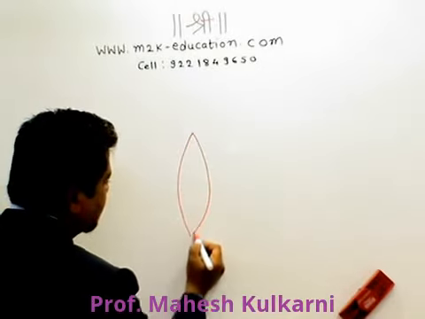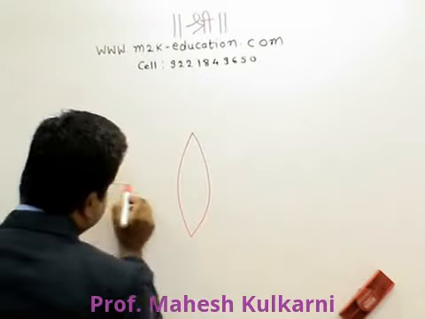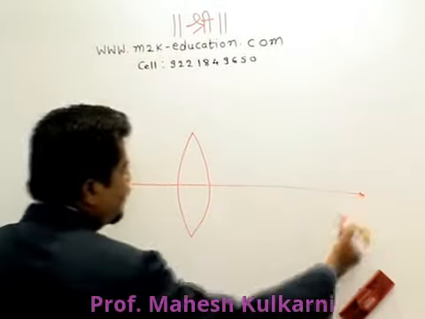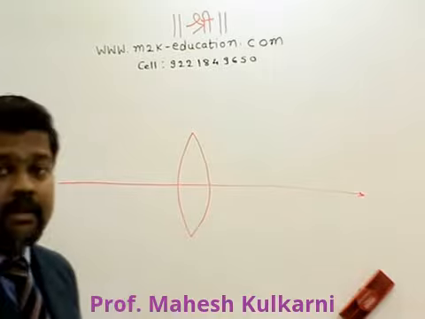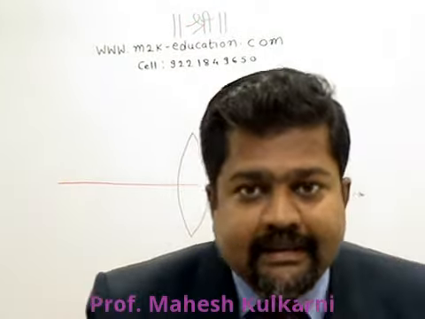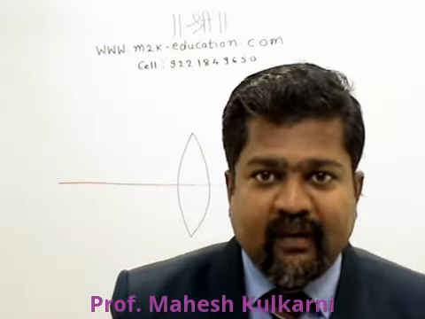So this is our double convex lens. This is the principal axis. This line, whatever I am drawing, is called the principal axis. The principal axis here is the line along which light passes without refraction.